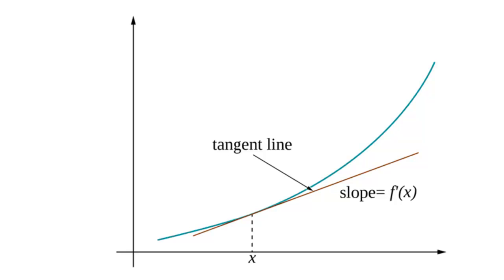So let's say the blue line represents the function and the brownish line is the tangent line to the function described by the blue curve. The slope of this straight line can be found using the derivative of the blue curve at the point where it touches the curve.